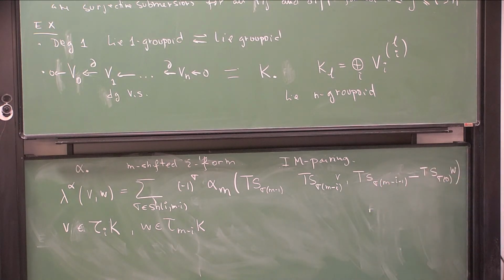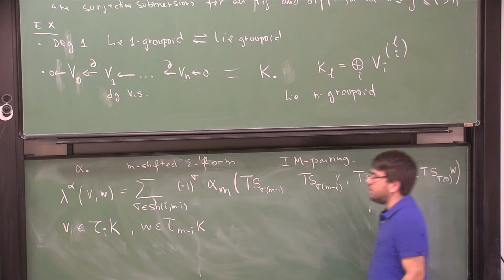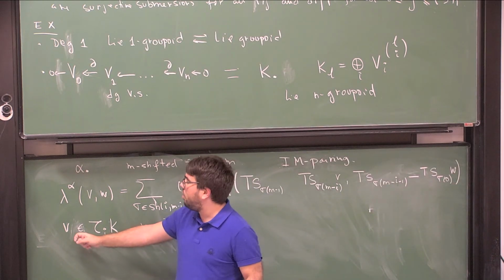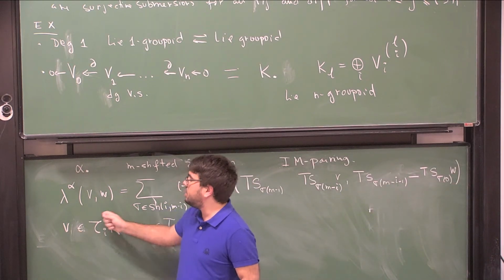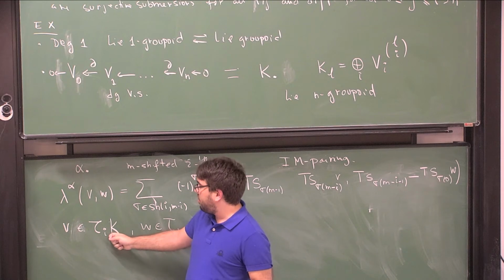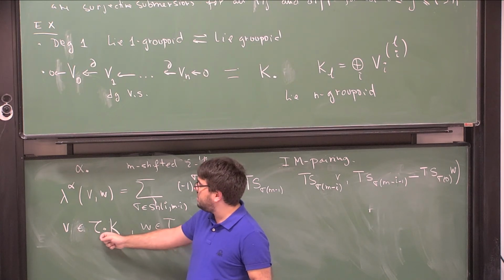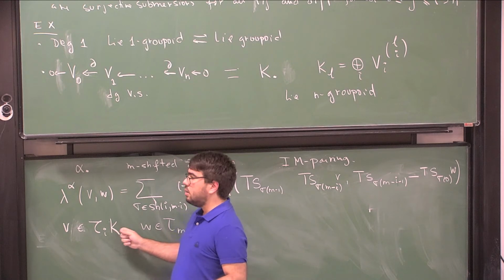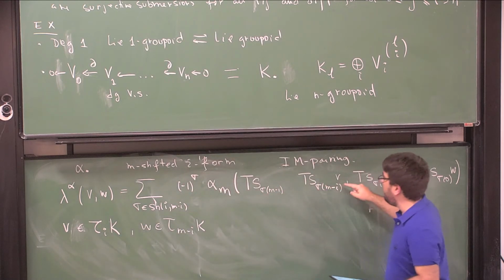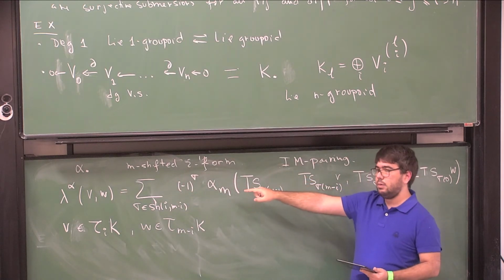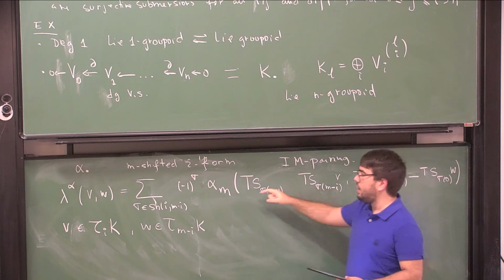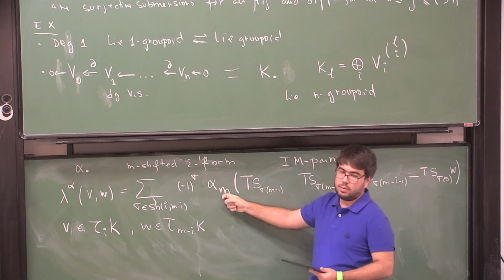So once you see the definition, it is not completely clear what is happening. So what is happening is the following. I have my B that is in the tangent complex of degree i of K. So that means that this is living in the tangent of Ki. I use the degeneracies to pull it back into Km, and once I am in Km, I use the alpha.